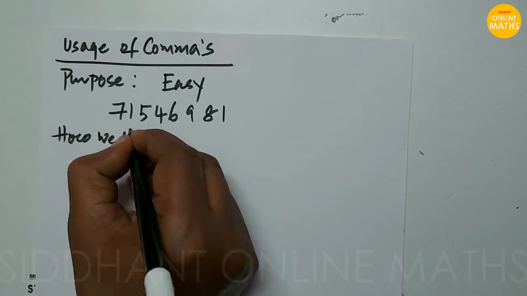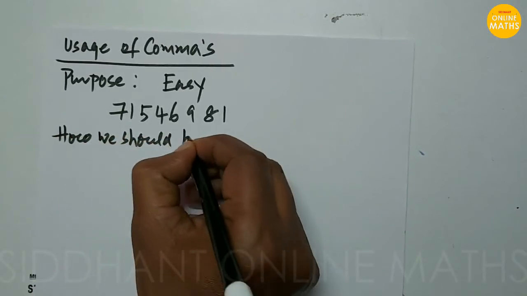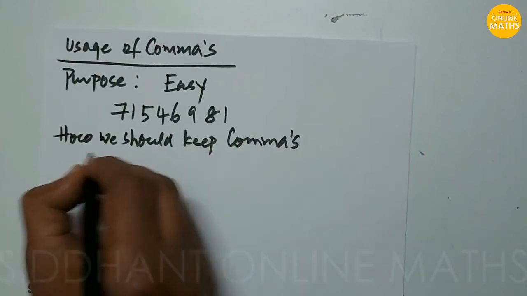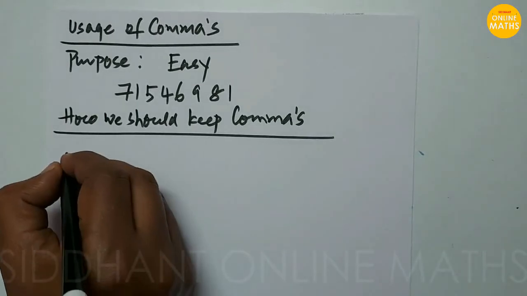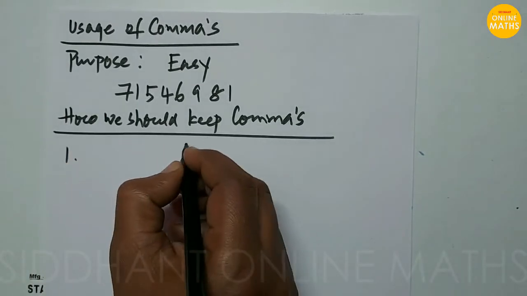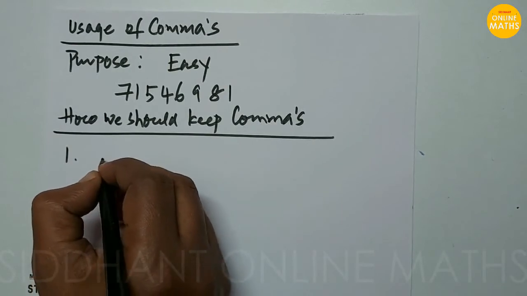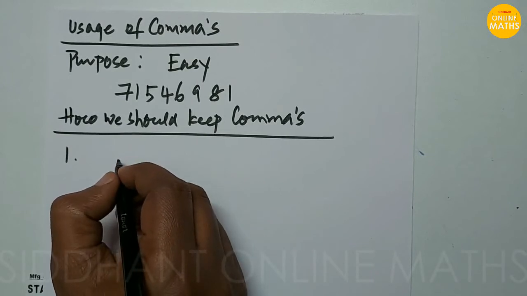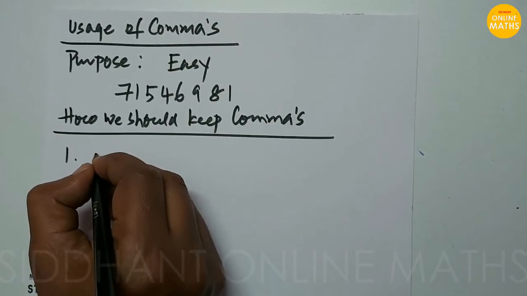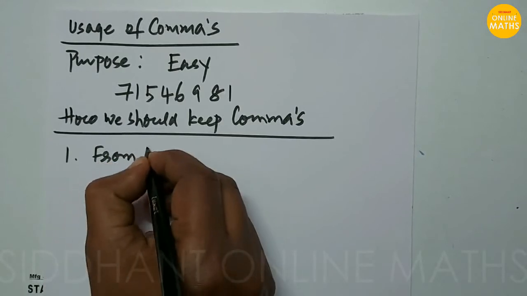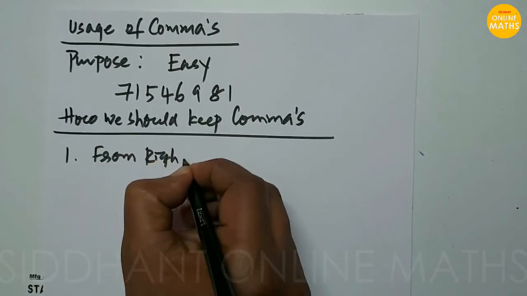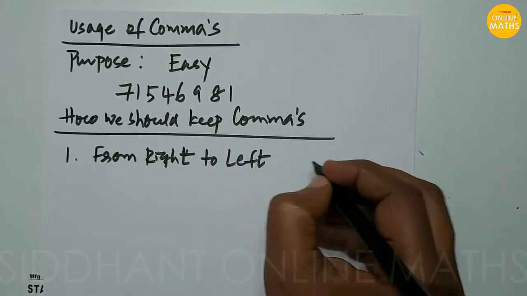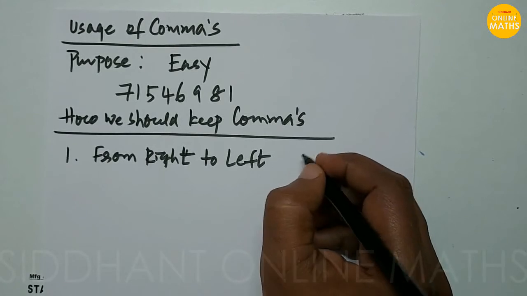Now we see how to keep commas in a given number. The first comma you are going to keep from right to left at the thousands place, that means after 3 digits.